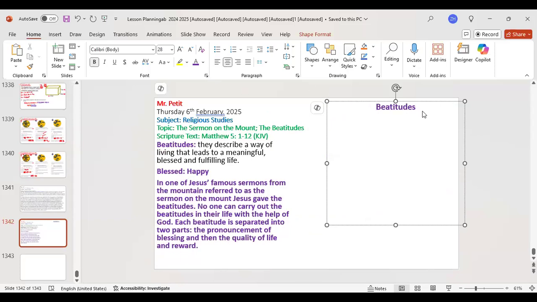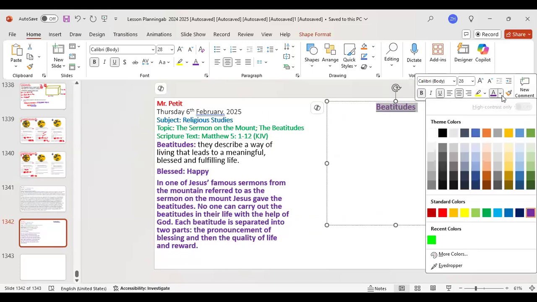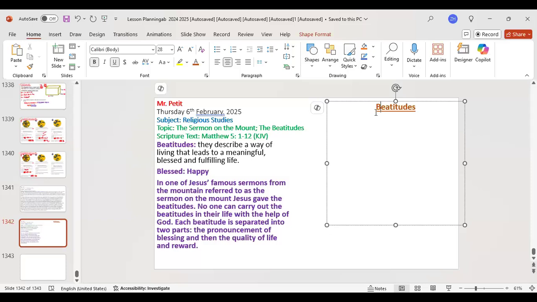Without God's help, Mr. Petty. Without the help of God. Or God's help, yes. Okay. Good. So first Beatitude says, number one, blessed are the, someone, Makaya, you have your hand raised?